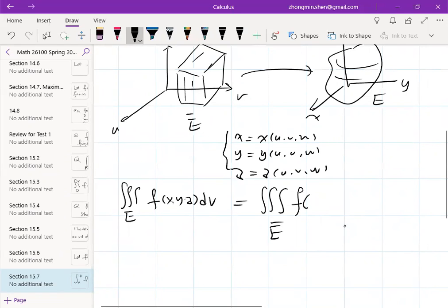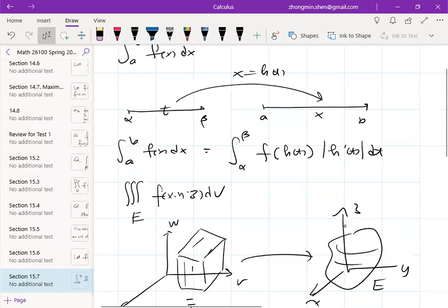So f here, x, y, z are determined by those formulas, so it's a function of u, v, w. And I cannot just put a dV bar here. dV is going to be dx, dy, dz, in some sense.